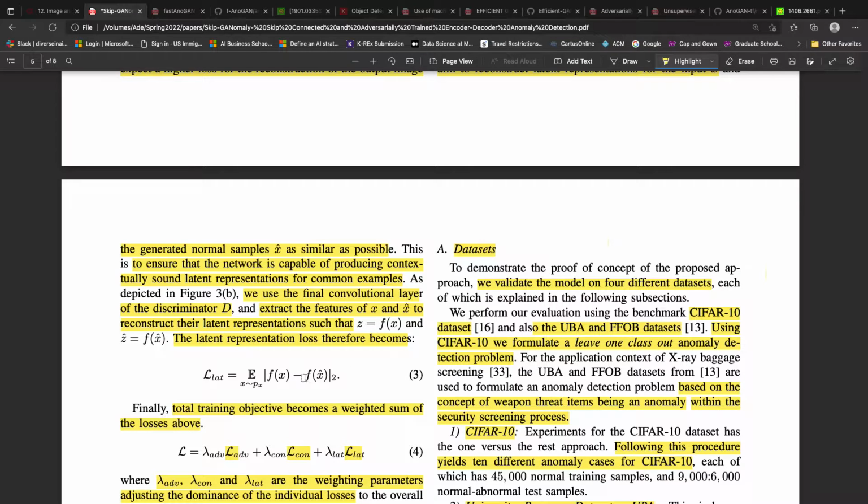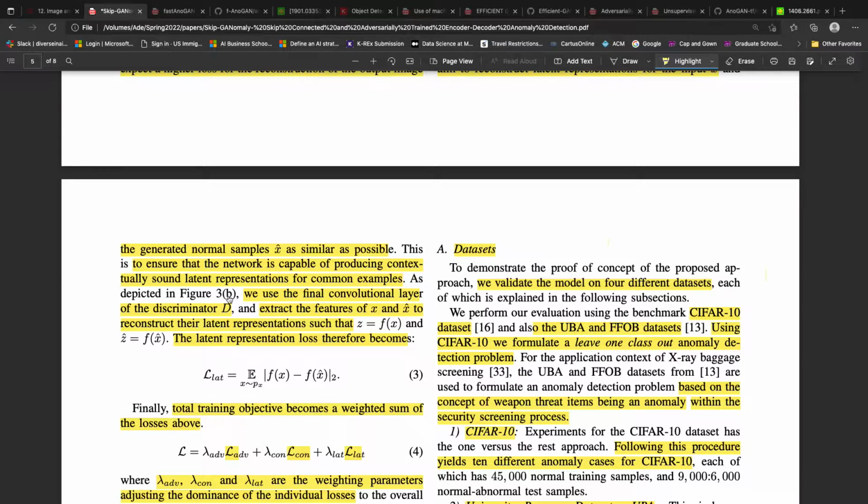And the author claims that the essence of the latent loss is the latent representation of f of x and f of x bar, which are taken by z and z bar respectively, to be as close as possible.